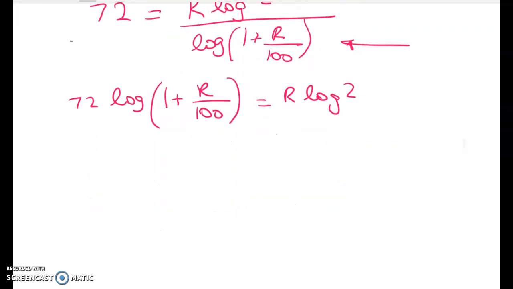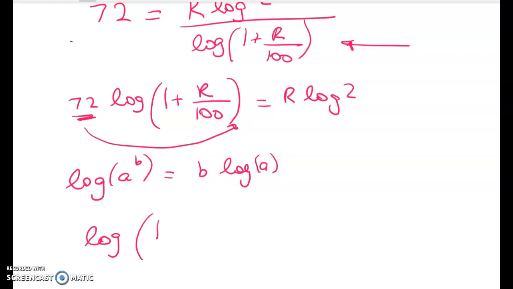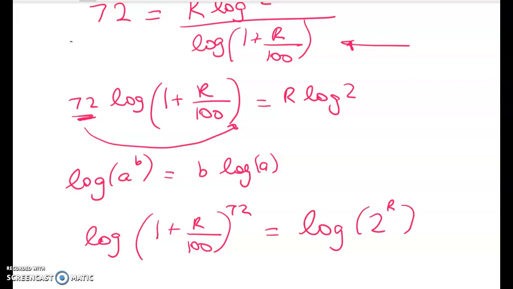We've already used in this exam question the log rule that when I have the log of a to the power of b, that equals b times the log of a. And now we're going to use it in reverse, right? So we're taking this 72 and we're going to flip it back into my log. So we have the log of 1 plus r over 100 to the power of 72 is equal to the log of 2 to the power of r.